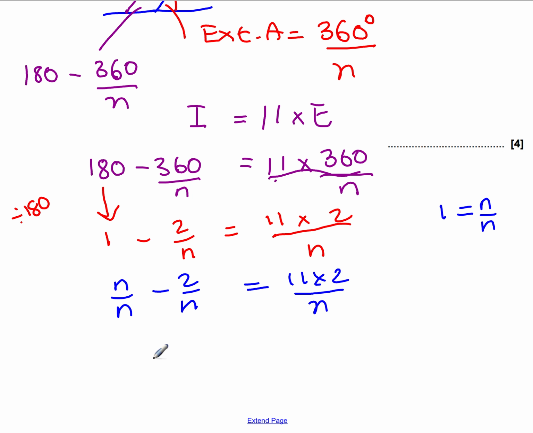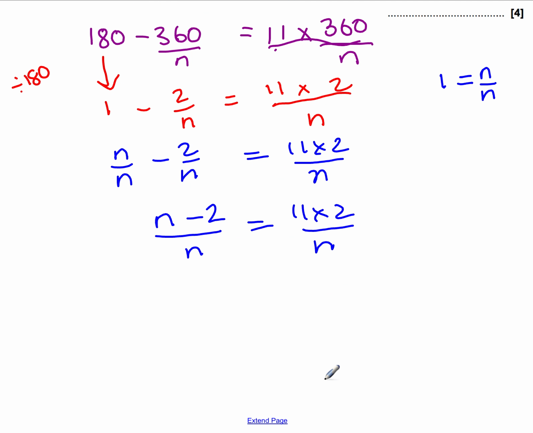Now when you're bringing fractions together, I have n minus 2 over n, which equals 11 times 2 over n. When you have fractions like this, if both have the same denominator, they cancel, and then you're just left with the numerators. So just practice that skill.